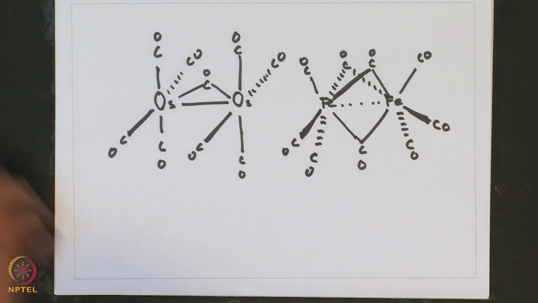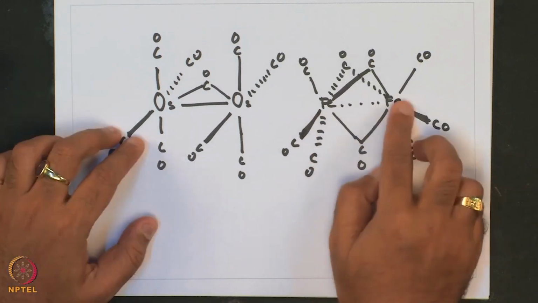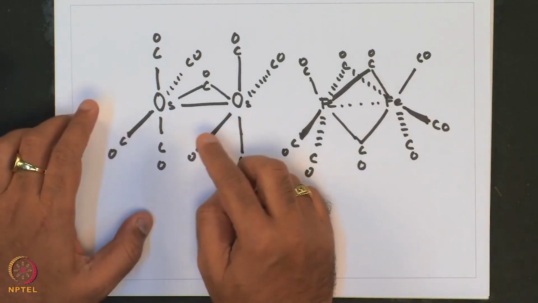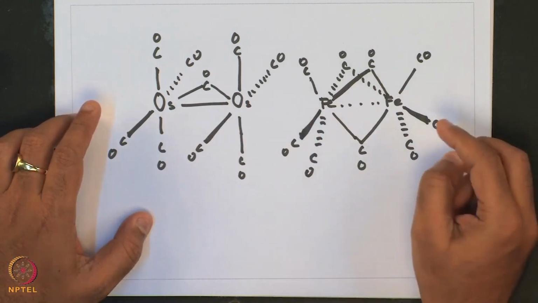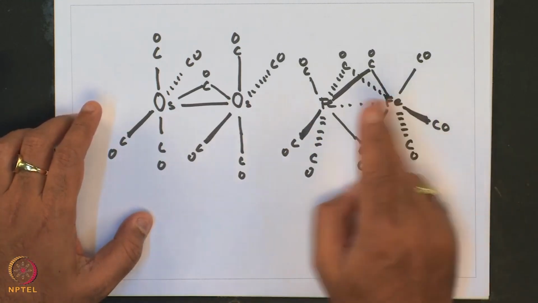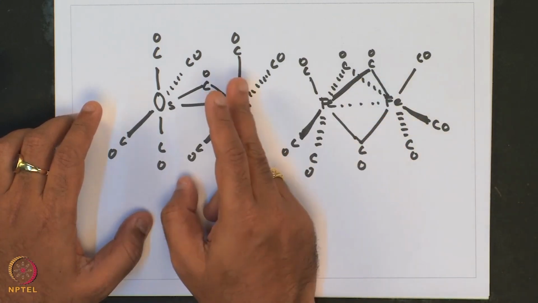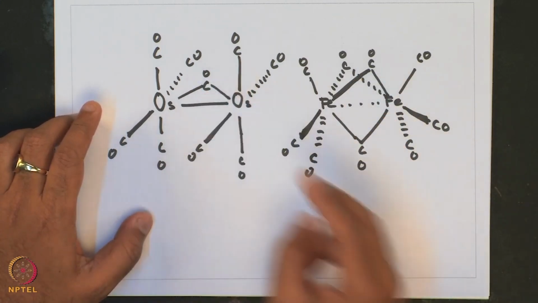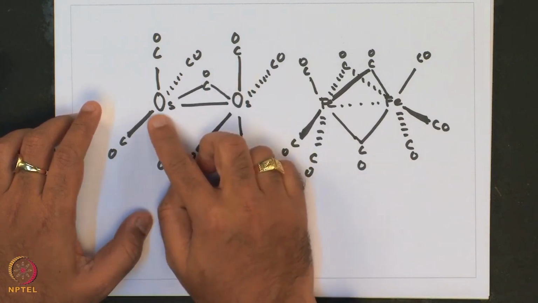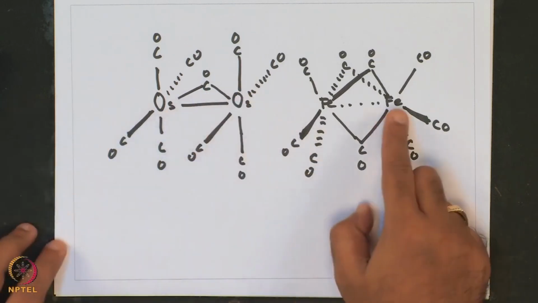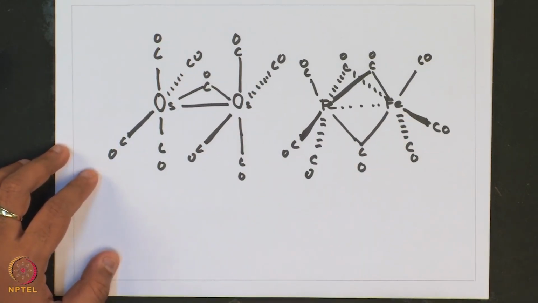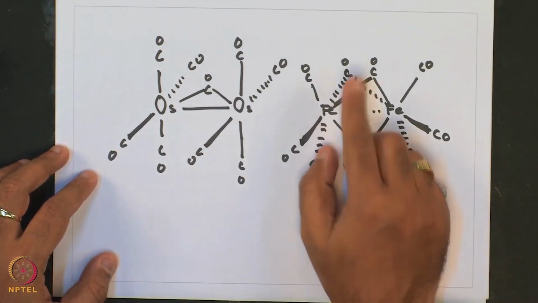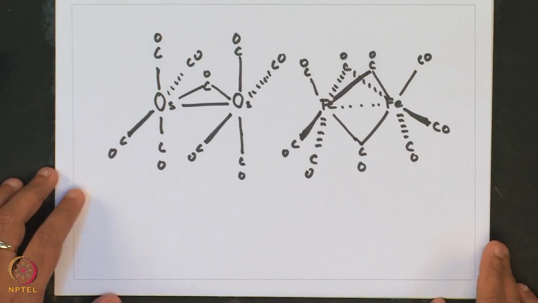So, what we see over here is Fe2(CO)9, and this is also Os2(CO)9, but there are 3 bridging carbonyls as opposed to 1 bridging carbonyl as seen over here, and that is because osmium being bigger in size, the number of bridging carbonyls is less, as opposed to iron, which is smaller in size, where we see more bridging carbonyl atoms.